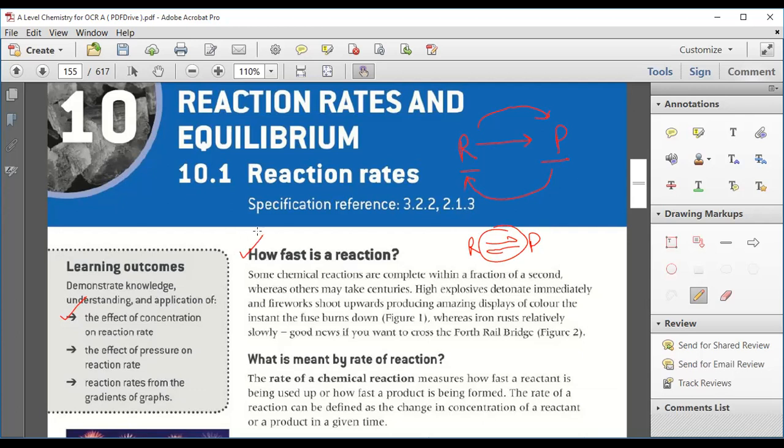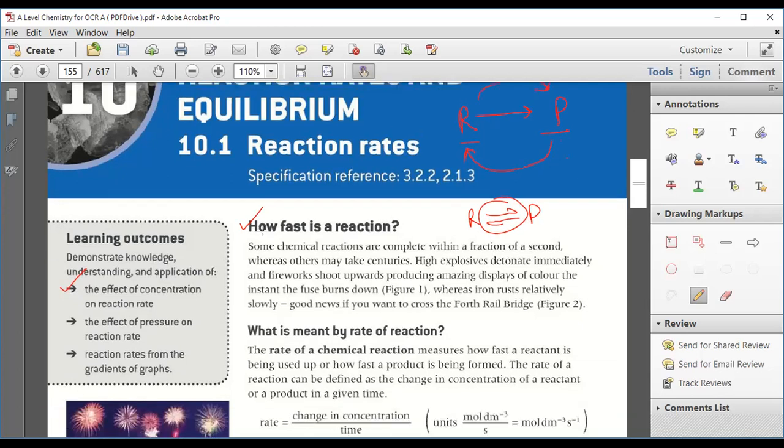Now we will study how fast a reaction is. Some chemical reactions are completed within a fraction of a second, whereas others take centuries. For example, weathering of rocks is a physical change, but it will take time. High explosives detonate immediately, and fireworks shoot upwards, producing an amazing display of color the instant the fuse burns down.